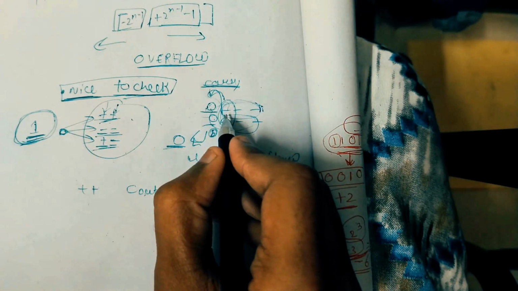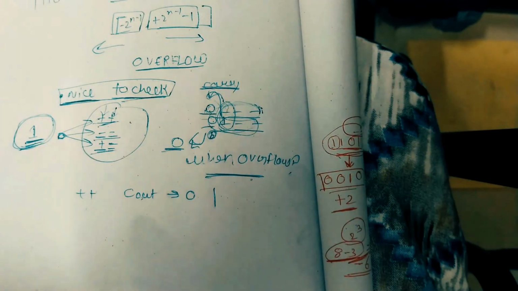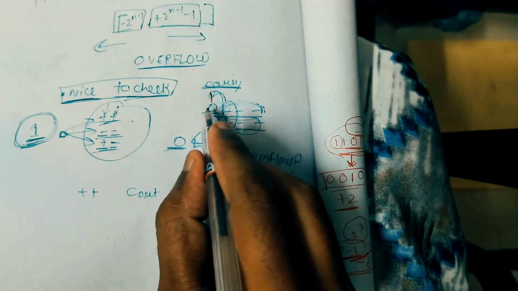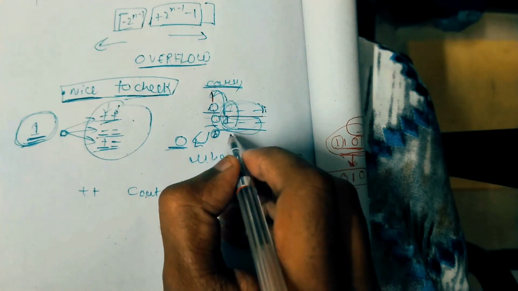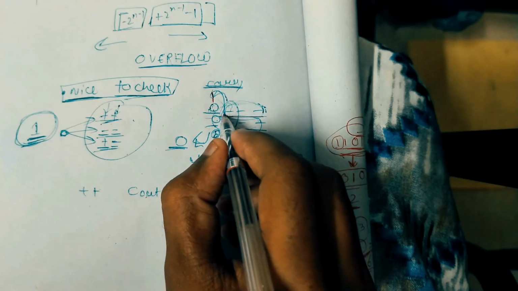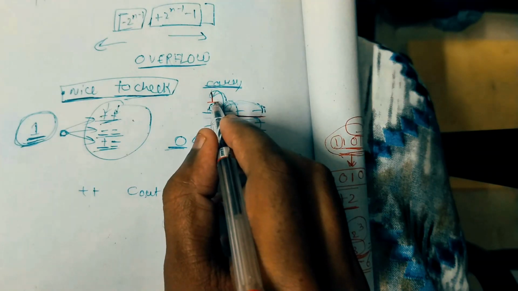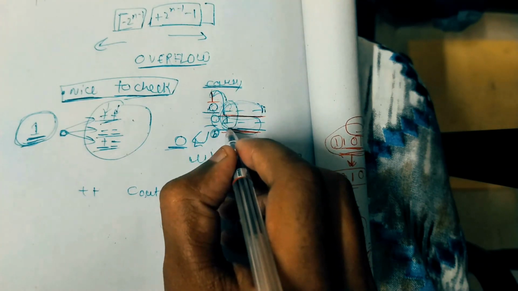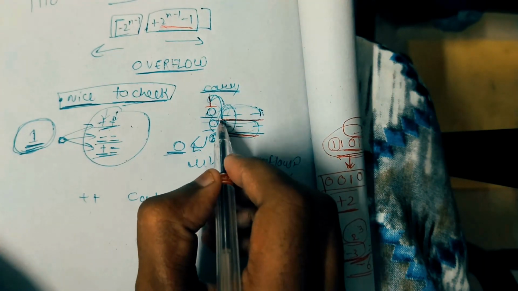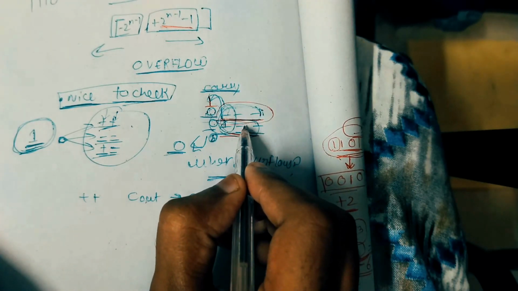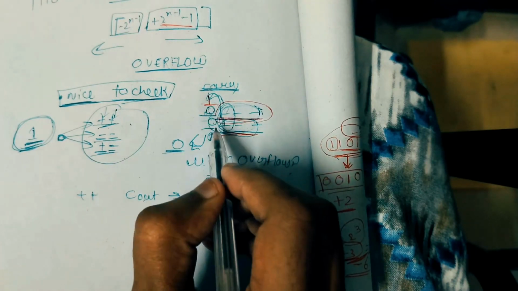Let's look at the carry in. If we have a carry in of 1, we sum these two numbers up and we get a carry of 1 here. That means overflow. Why? Because both of these numbers are positive, and we are summing these two up so that it produces a 1 here. That means the sum is a number greater than this number. It cannot be represented using these many bits. If it was represented using these many bits, there wouldn't have been a carry.